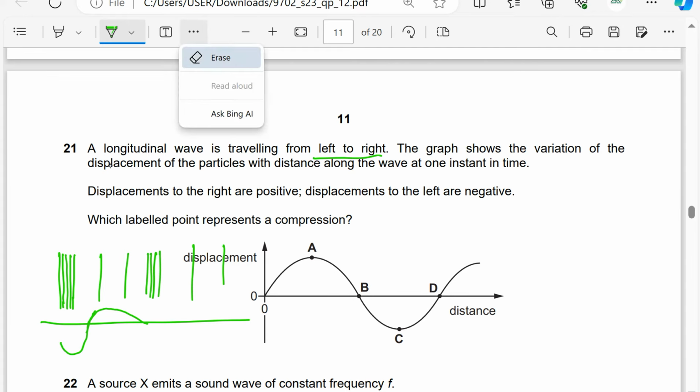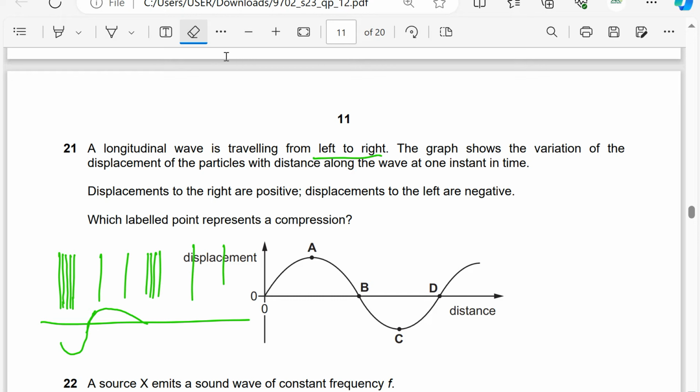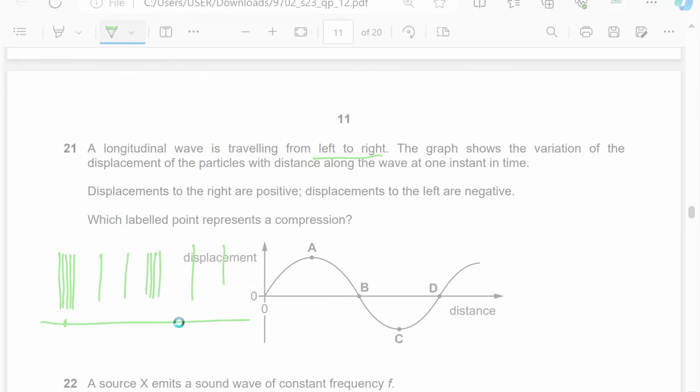let me sketch this. So here where there is a compression, there is minimum displacement. Where there is a rarefaction, there is maximum displacement. So if I try to sketch this, what's wrong with this pen?